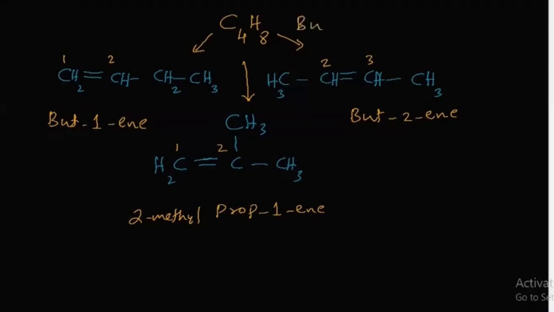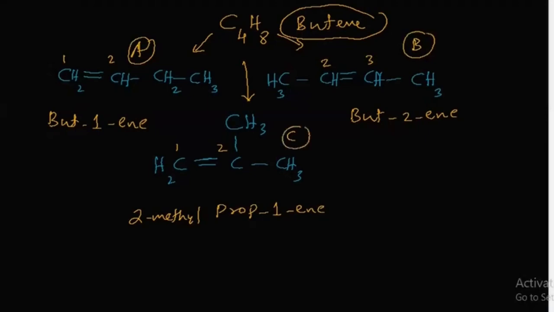And this is butene. So butene has three possible structures. If I say that this is A, this is B, and this is C. So in A and B, I have changed the length of the carbon chain, but the position of the double bond is the same. But in A and B, I have changed the position of the double bond because the double bond is on the second carbon.